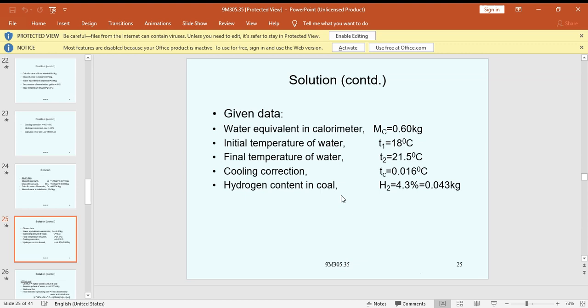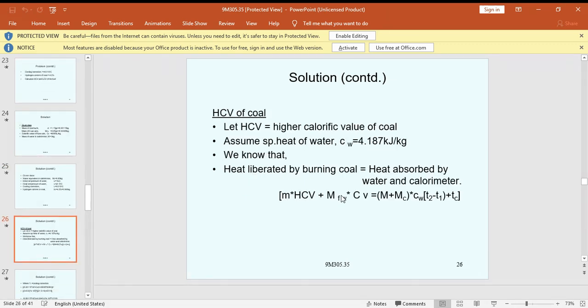Hydrogen content H2 equal to 4.3%, 4.3 by 100, that is 0.043 kg. Let HCV equal to the high calorific value, and assume the specific heat of water CW equal to 4.187 kilojoule per kg.